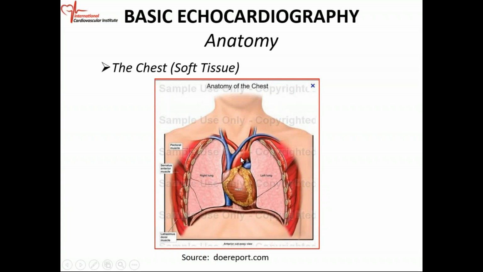So this is the aorta and its branches. This is the diaphragm. It separates the chest cavity from the abdominal cavity. So these are essentially the soft tissues in the chest.